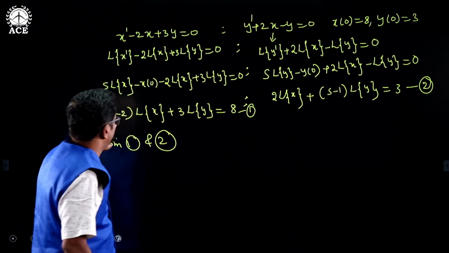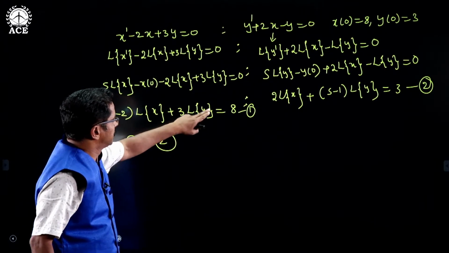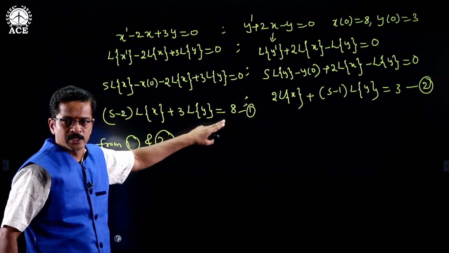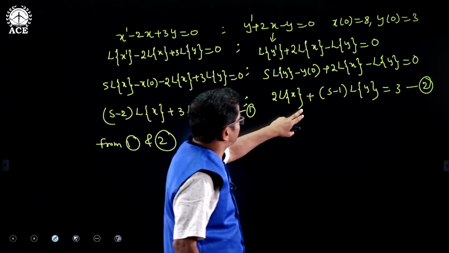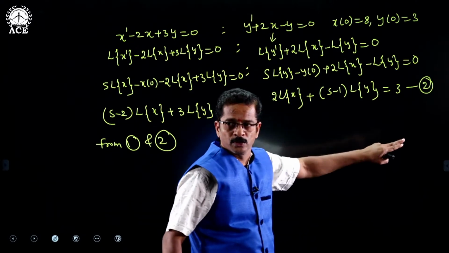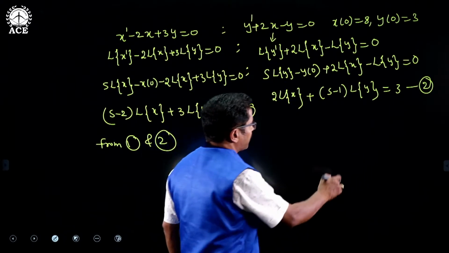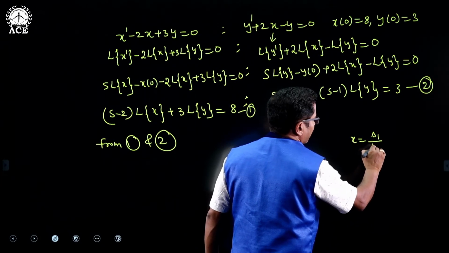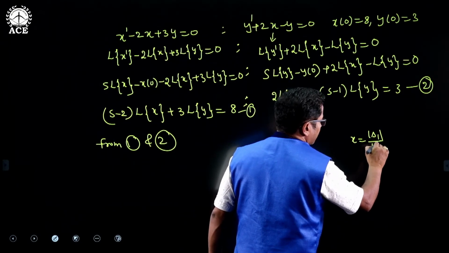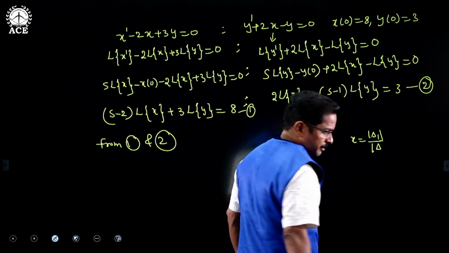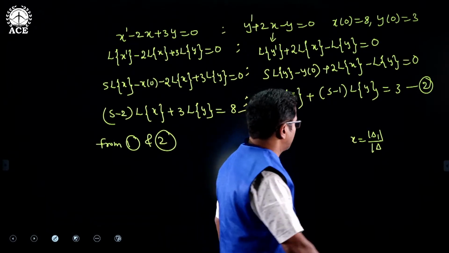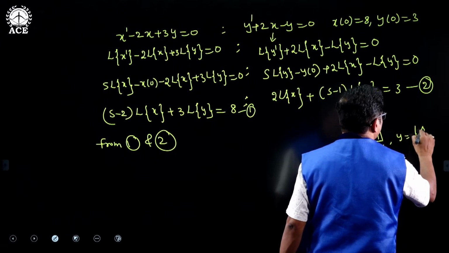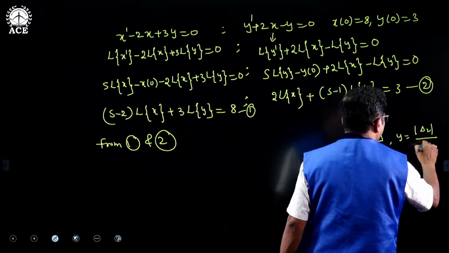If a1x plus b1y is equal to c1, and a2x plus b2y is equal to c2, then x equals del 1 by del, the determinant of del 1 by the determinant of del, and y equals del 2 by del.